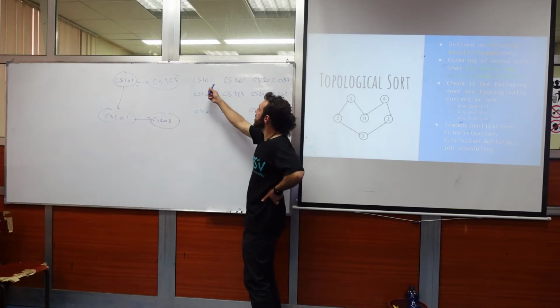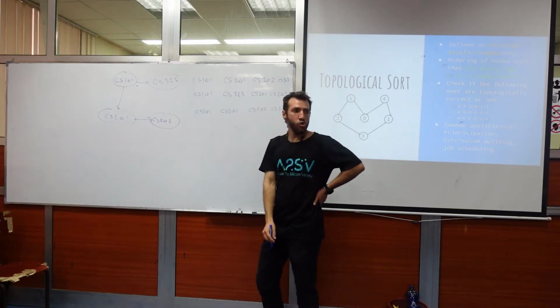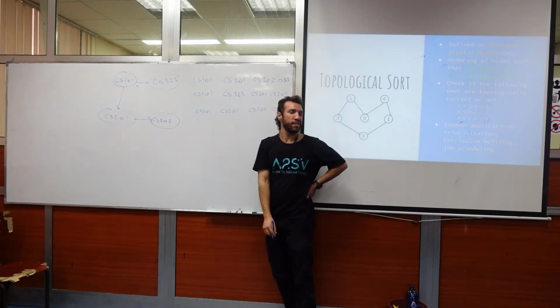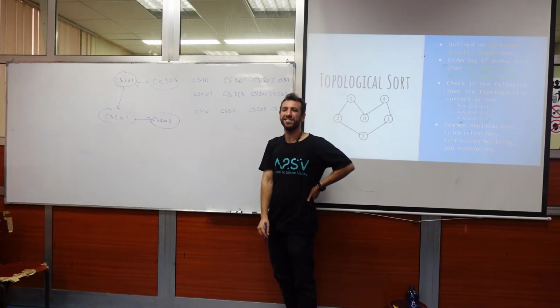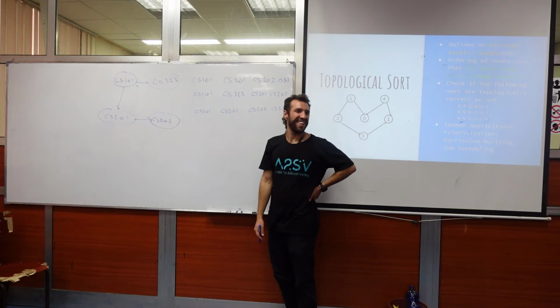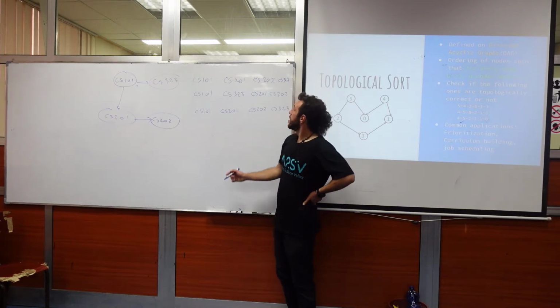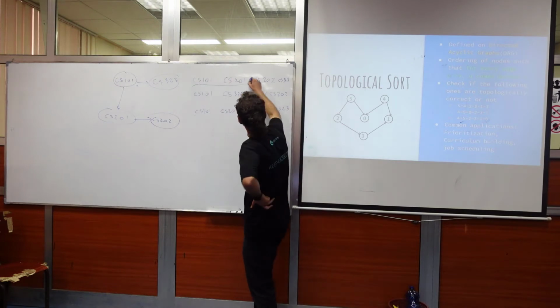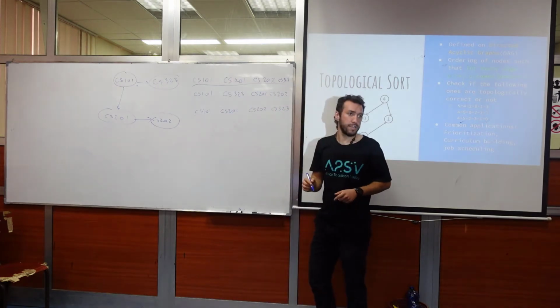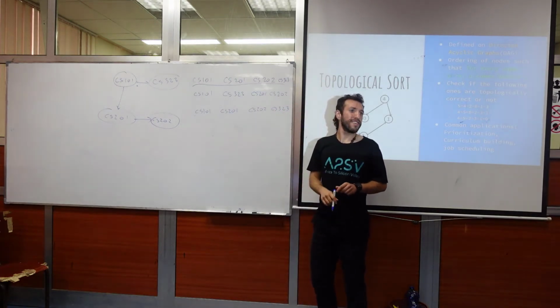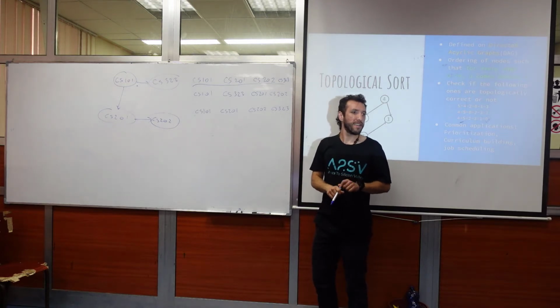So let's start from the top one. Who wants to go through this one? Any volunteers? Come on guys, it's easy. Now we are going to check whether this is topological or not. So who wants to do that?